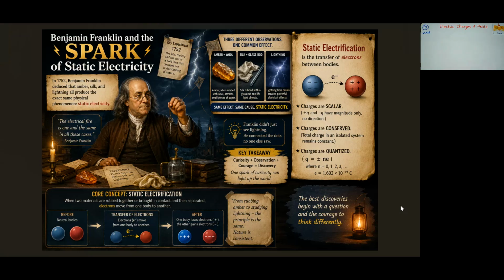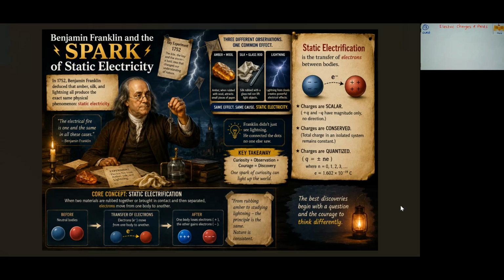People at the time thought lightning was a divine, mysterious force completely separate from anything on earth. Franklin flew his kite right into the thunderstorm cloud as the rain wetted the string, making it conductive.